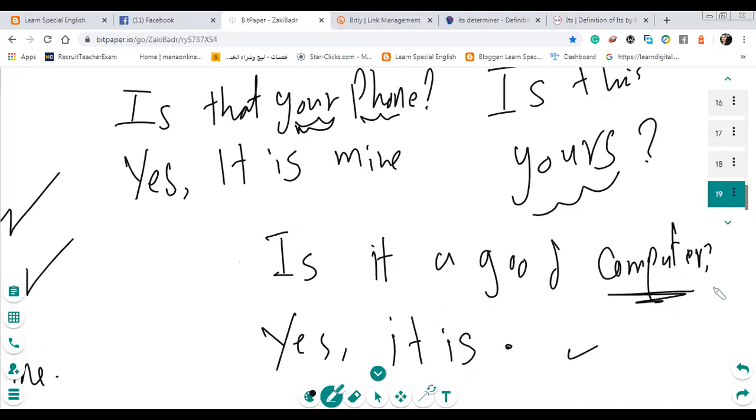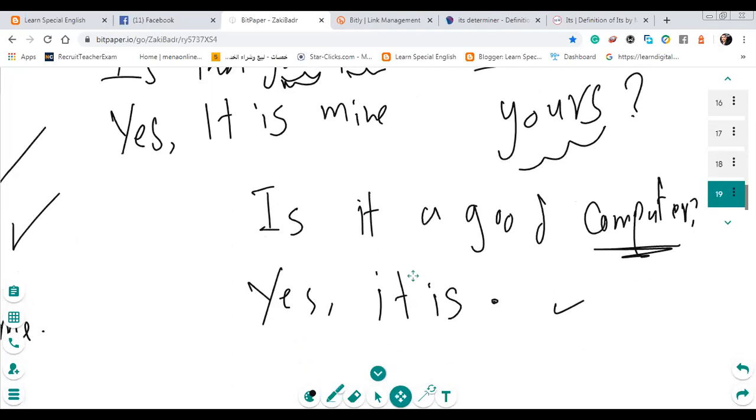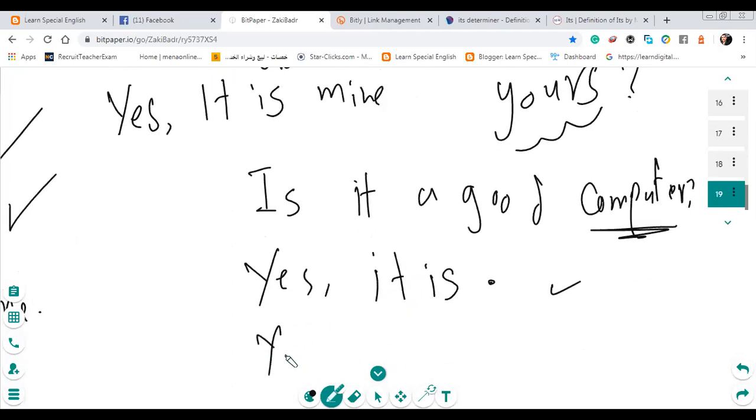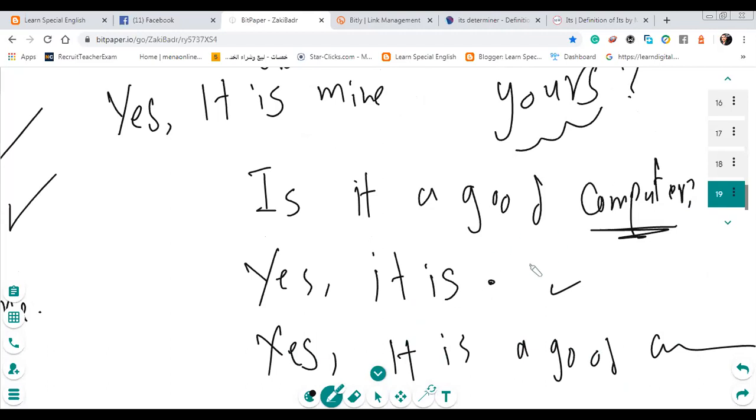We should just say, yes, it is. Or if you don't want to use the pronoun, you can use the complete sentence: yes, it is a good computer. Or the short sentence, yes, it is.